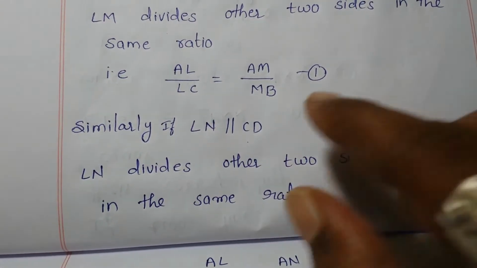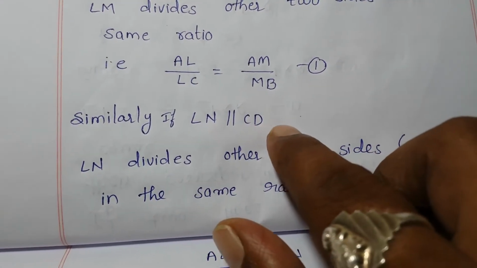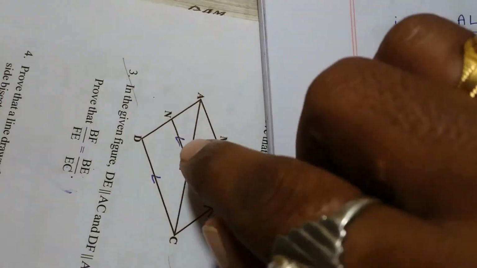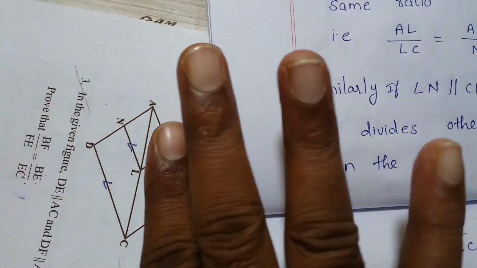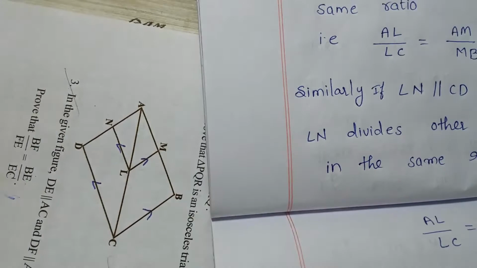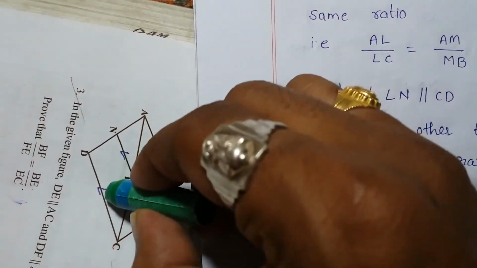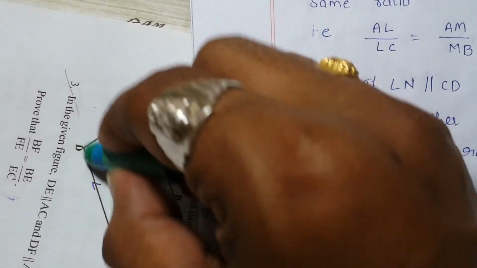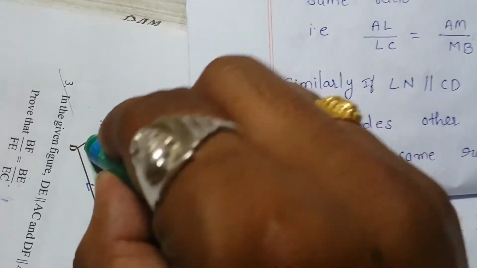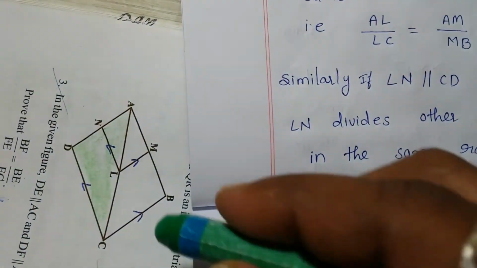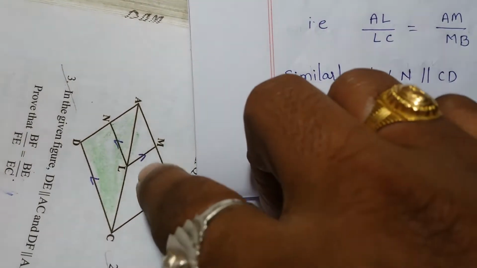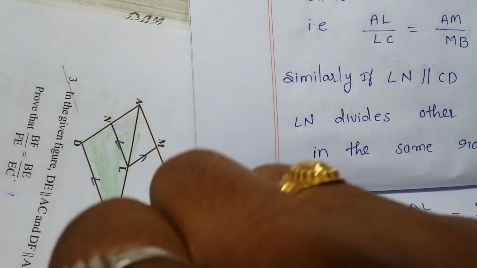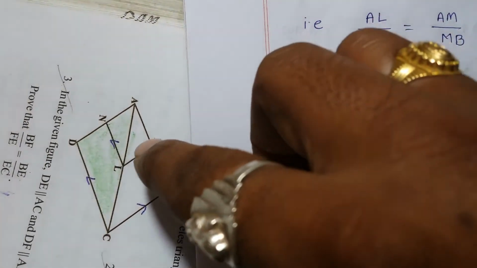Similarly, LN is parallel to CD. So LN is parallel to CD. So again in this triangle, LN divides the two sides of a triangle in the same ratio.